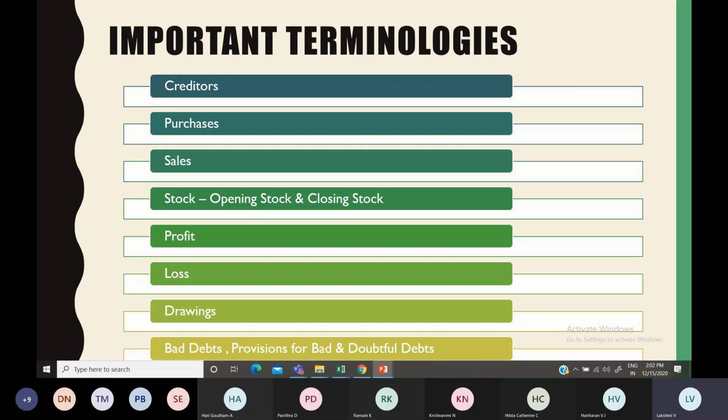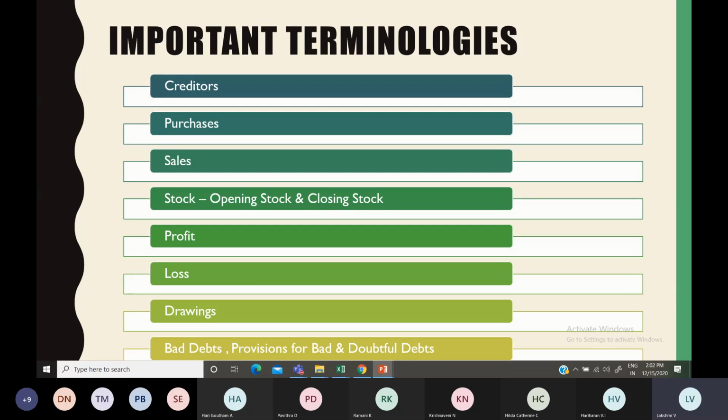If I am going to construct some building, whatever material I require for building that house or flat, I may get it on credit basis from that person. But anyhow, I have to pay him after 1 month or 3 months, whatever duration he has sanctioned me, I have to pay him back, right? So that's what creditor means.